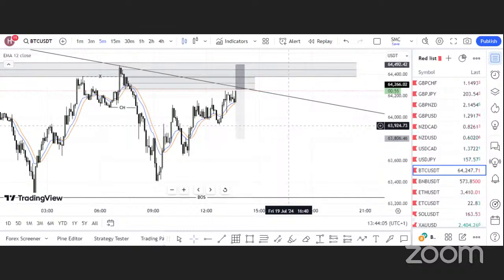So we are currently on the 5 minutes time frame of BTC USDT, and as you can see, I made a top-down analysis from the 4 hour time frame down to the 5 minutes time frame.